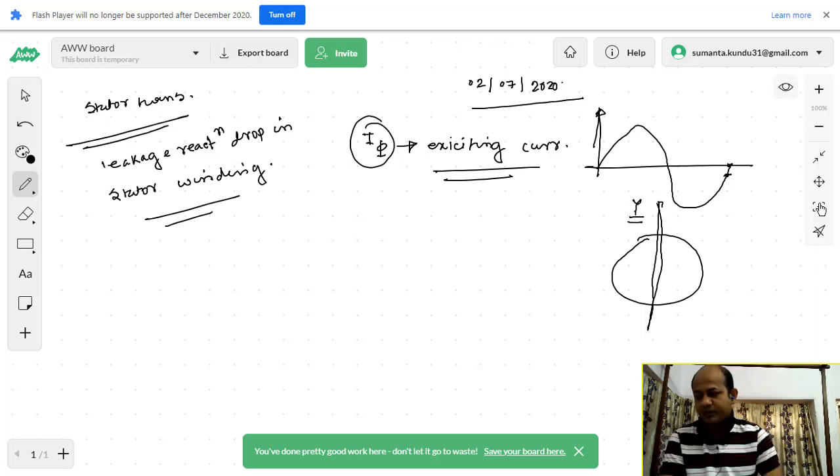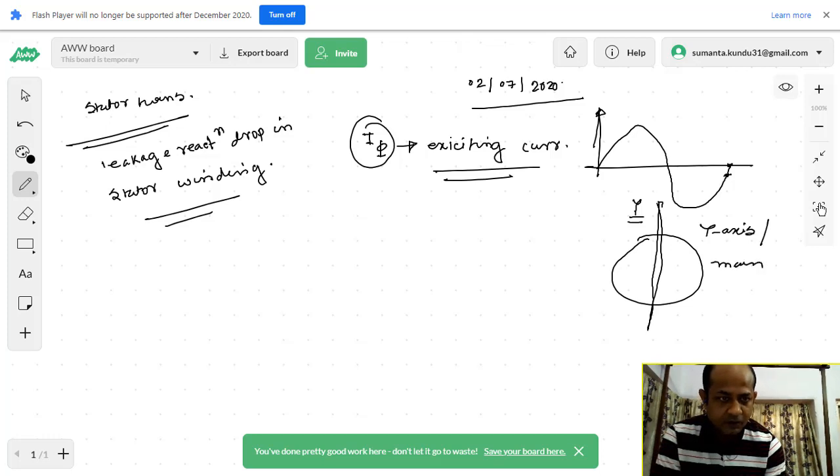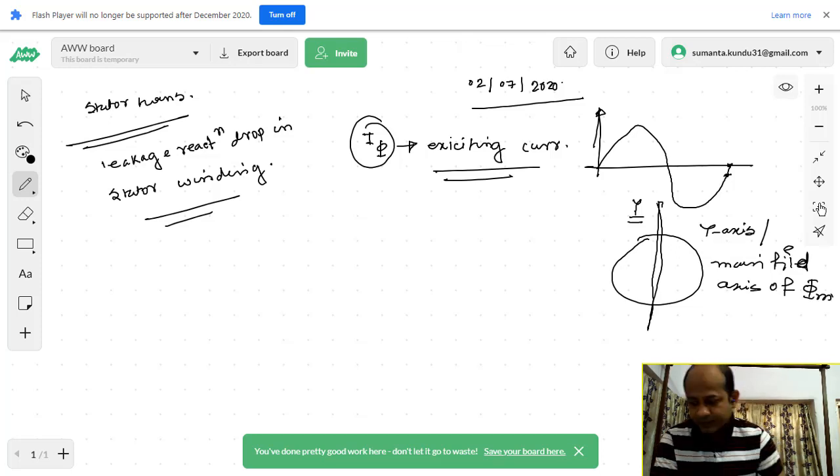So that's why this is known as the y axis or main field axis, of phi m.